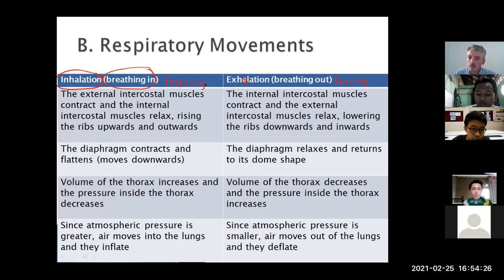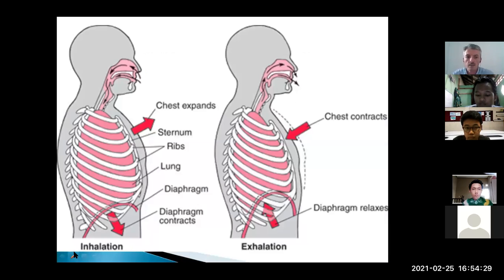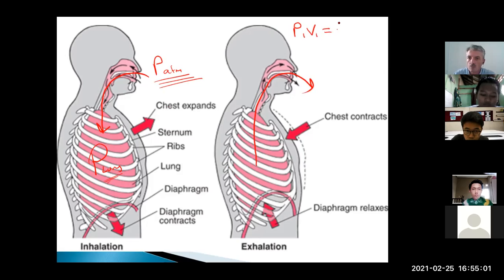If you want air to go into your lungs, the pressure of the lungs should be smaller than the atmospheric pressure. It's all about pressure. If lung pressure is smaller, air goes in. If lung pressure is larger than atmospheric pressure, air goes out. Atmospheric pressure doesn't change much, but we can control the lung pressure with this formula, P1 times V1 equals P2 times V2, right?